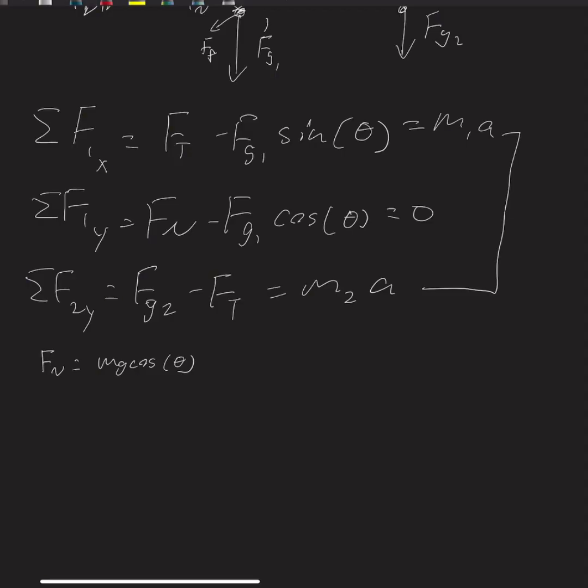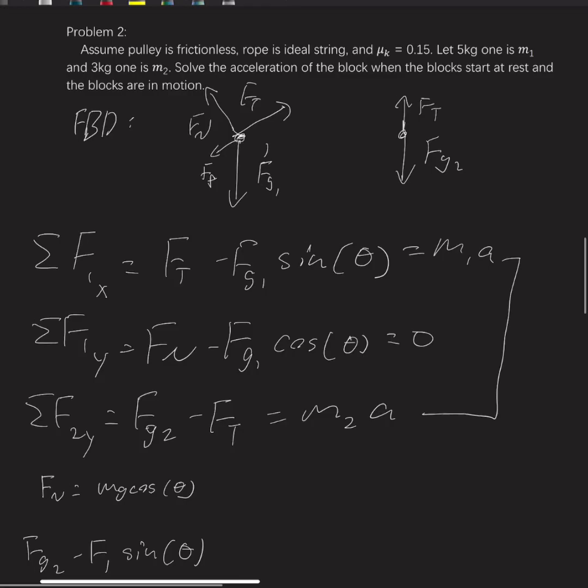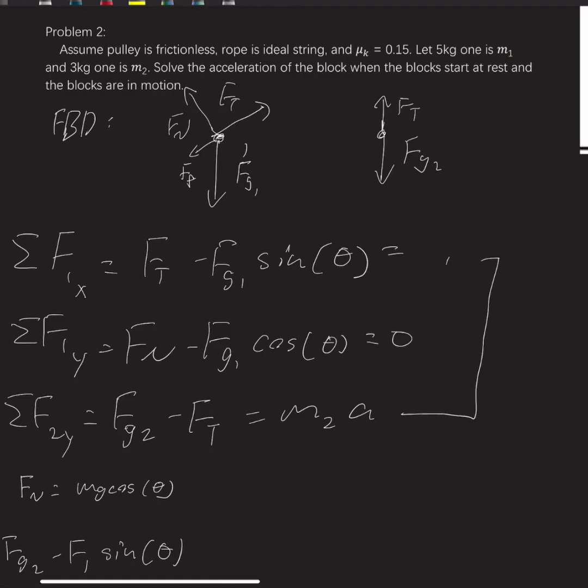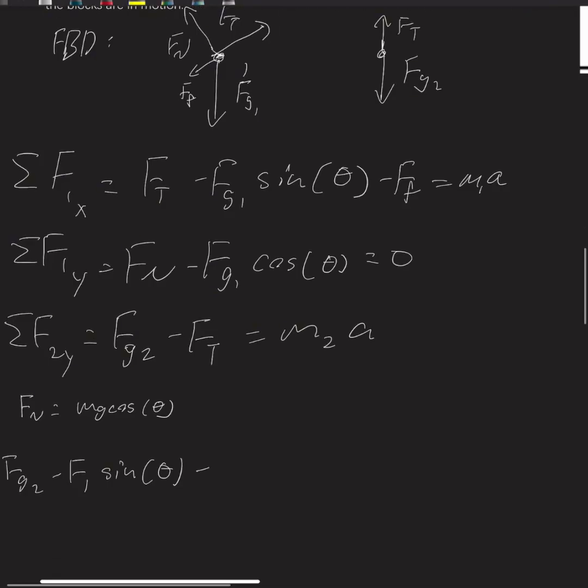Fg2 minus Fg1 sine theta. For the first one, it also has a force of friction, minus Ff, is equal to m1 plus m2 times a.